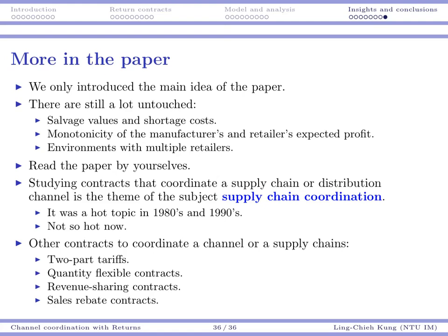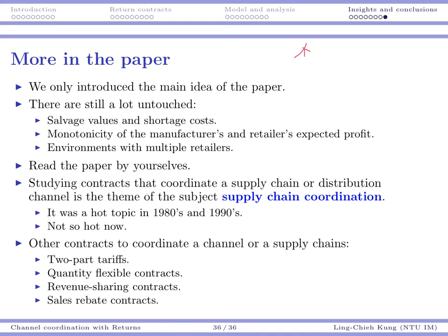For example, this paper showed you that salvage values and shortage costs can also be incorporated in the model. Nothing will really change. The paper has shown that the manufacturer's and the retailer's expected profit are monotonely increasing and decreasing when W goes up.